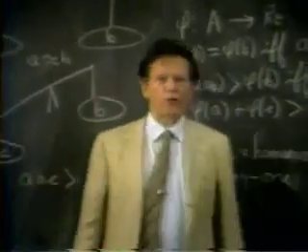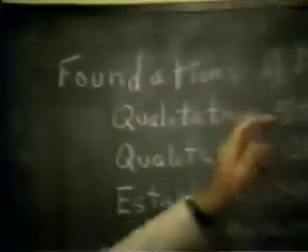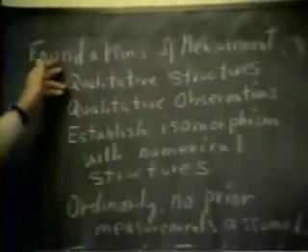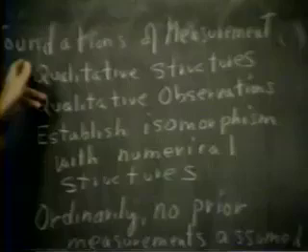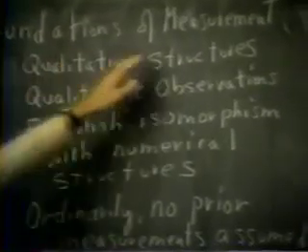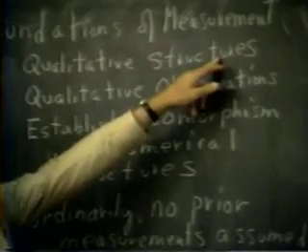Let me begin then with this first part. What is the foundations of measurement? There are a number of salient points that should be made about foundations. I've tried to list them here. First, foundations looks at qualitative structures that are ordinarily thought of as empirical structures.